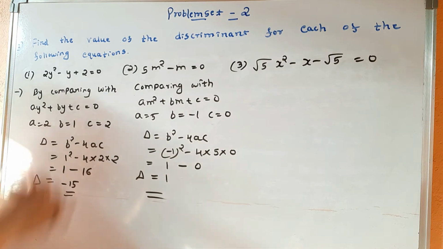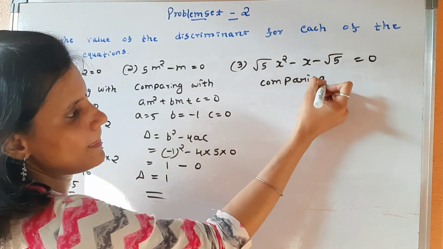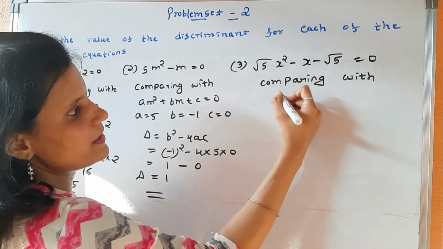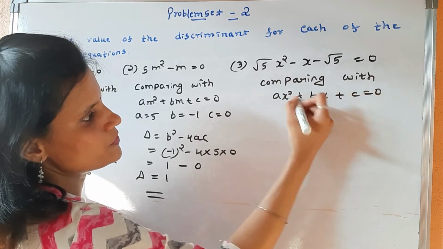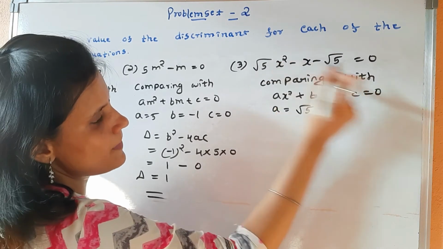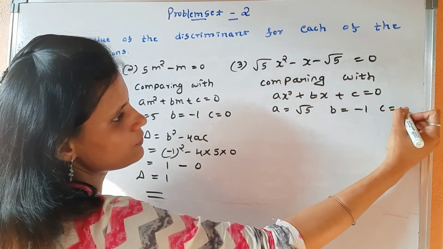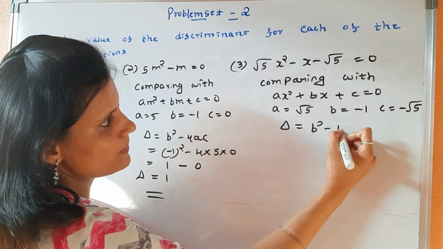Simple. Now the third one, comparing with ax² + bx + c is equal to 0. We get a is equal to √5, b is equal to -1, c is equal to -√5. Next step, delta is equal to b² - 4ac.